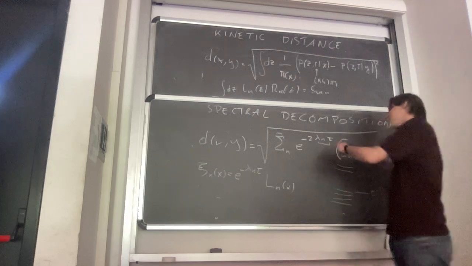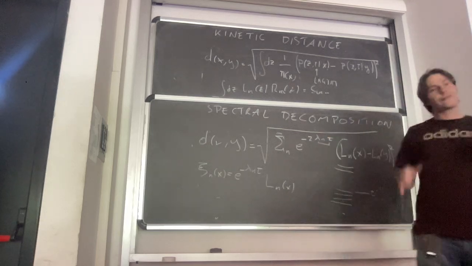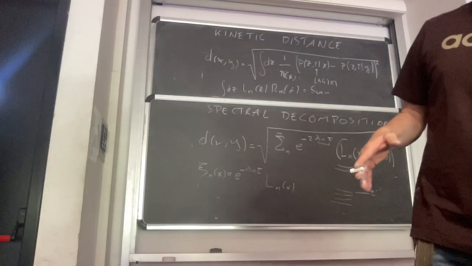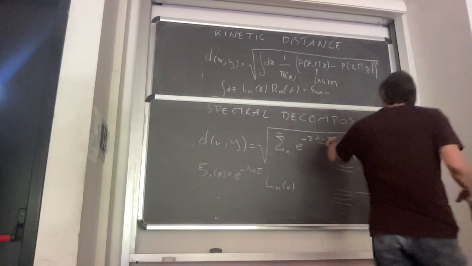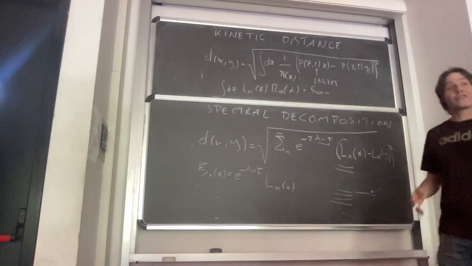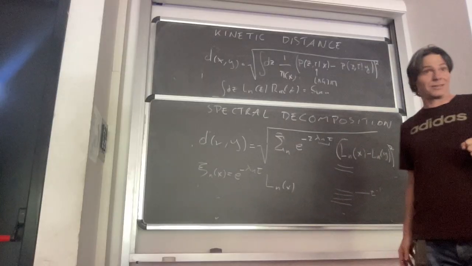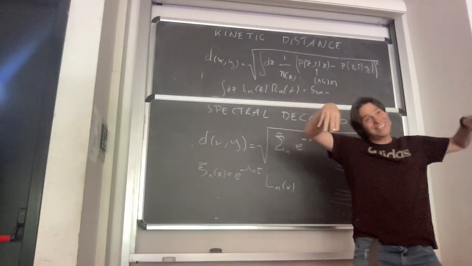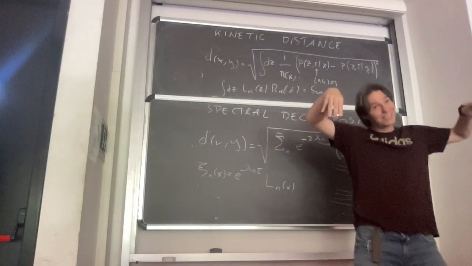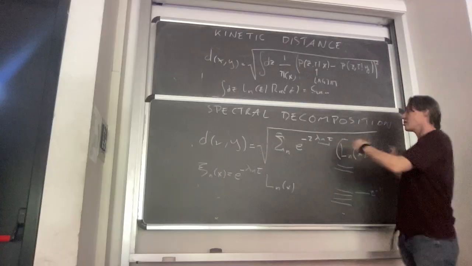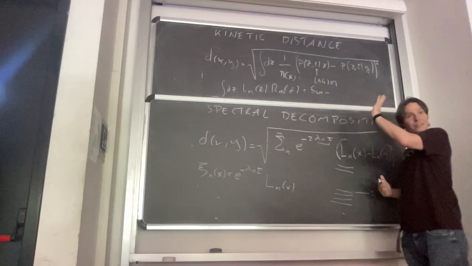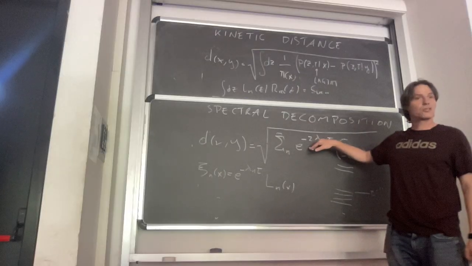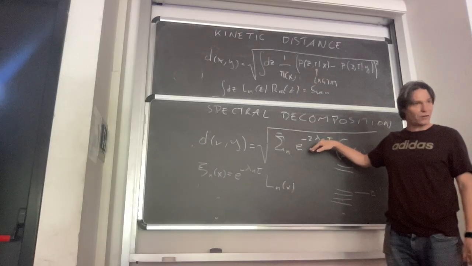I repeat, if I have a gap in the spectrum, I have fast relaxation processes and slow relaxation processes, right? And if I choose tau to be longer than the fast relaxation processes, meaning I choose tau sufficiently large for a system to equilibrate locally, then all these infinite contributions are exponentially suppressed, because this becomes much larger than 1, and e to the negative infinity is 0.